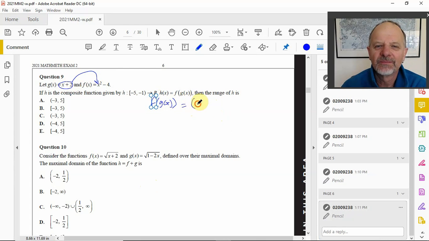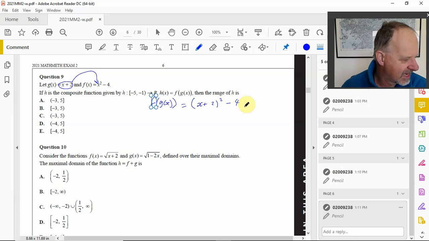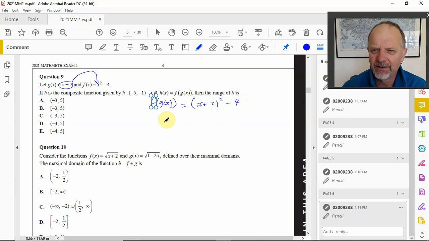So it's x plus 2 squared minus 4. And then what I am suggesting is that you get your calculator out, you graph it on your calculator, you set your domain, and you have a look. And when you do that, what you get is a graph that looks like this.